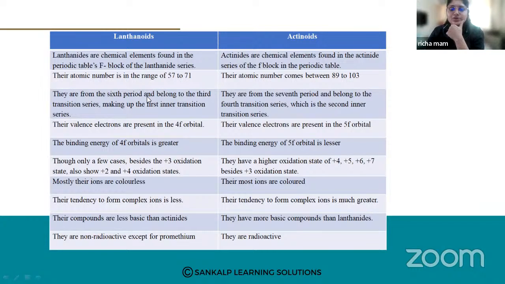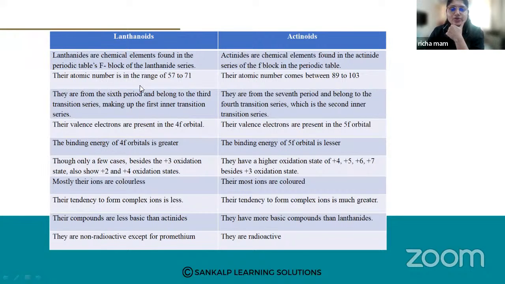Then we'll go for the second difference. Lanthanides are from the sixth period and belong to the third transition series, and they make up the first inner transition series.